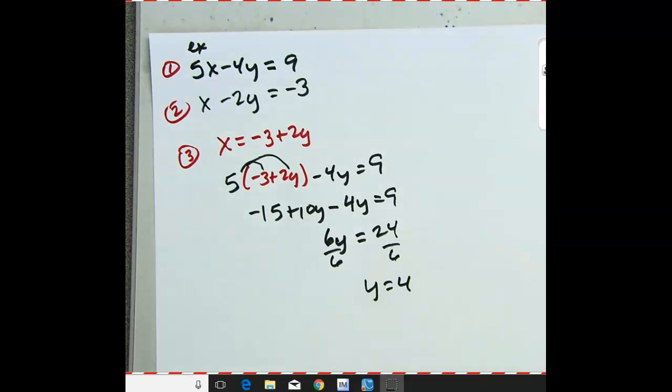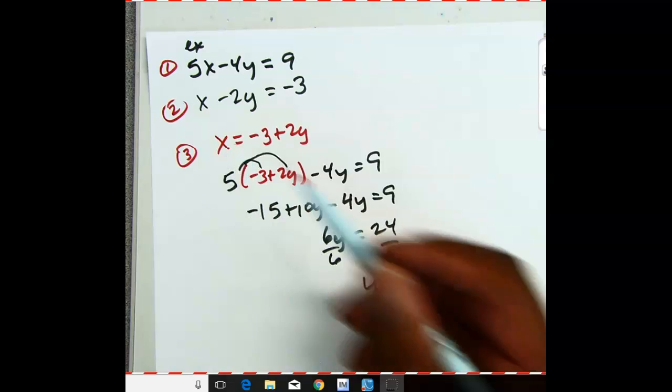Now, at this point, you have 3 equations to choose from in order to solve for x. You have the 2 original equations, 1 and 2, and we have the modified equation that we have there on 3. Which one of those do you think would be the most logical choice to substitute y equals 4 into? Number 3, because we already have the x isolated.